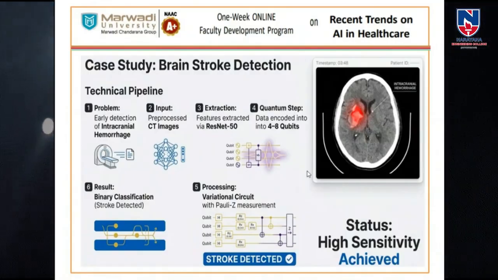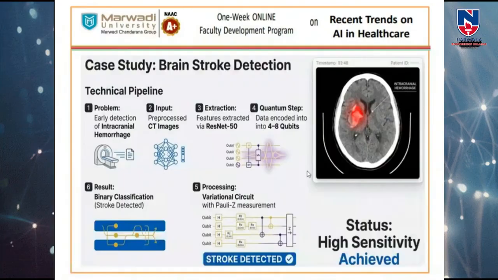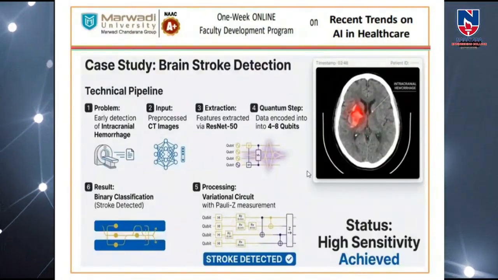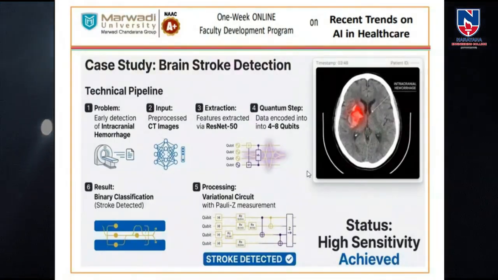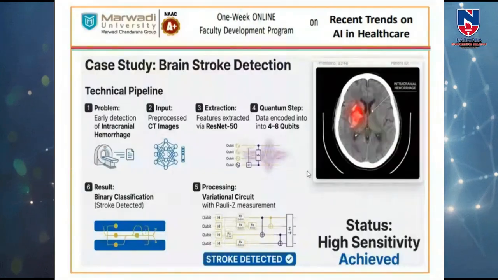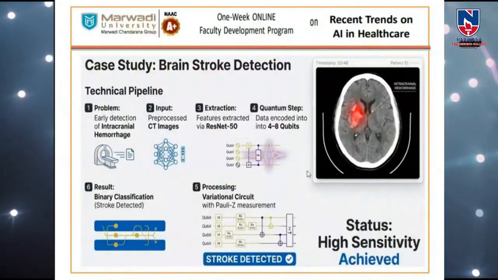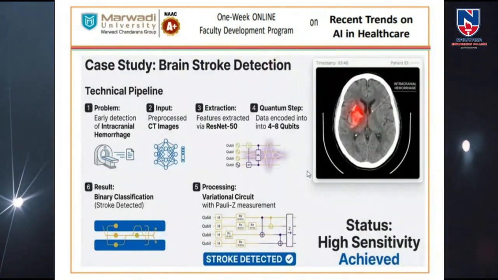of course, encoding the data from classical to quantum computing is one of the big challenges, where people can focus. Of course, that is one of the hardware limitations; many people are working towards implementing a quantum computer with a large number of qubits.